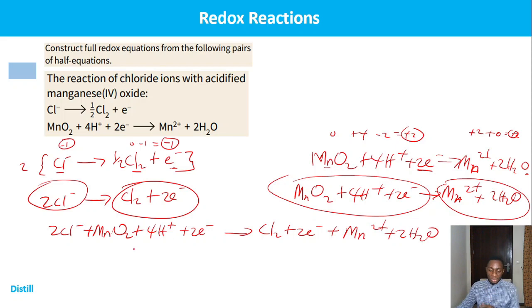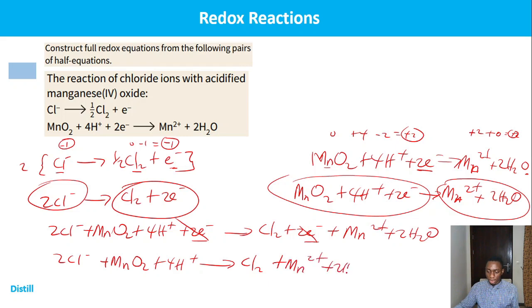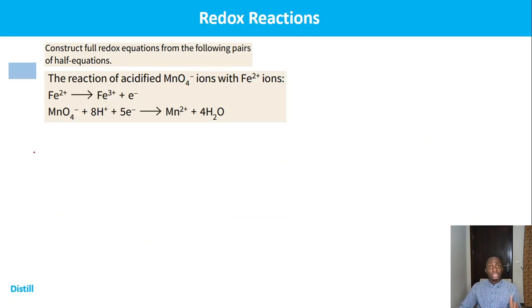Great. So now if you observe on both sides, we have 2 electrons and 2 electrons. We need to cancel them out. So what is going to be left will be 2Cl minus plus MnO2 plus 4H plus to give us Cl2 plus Mn2 plus 2H2O.